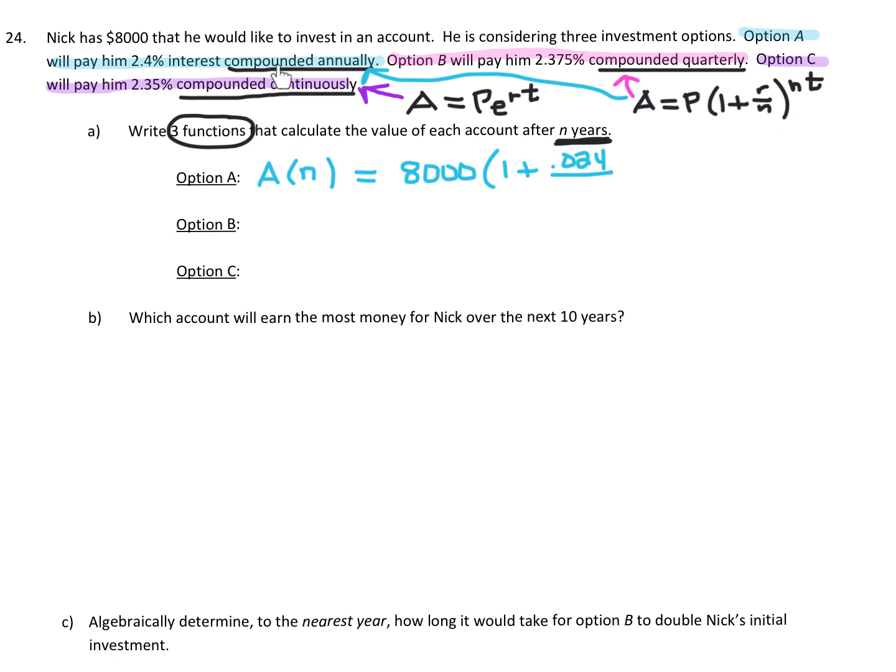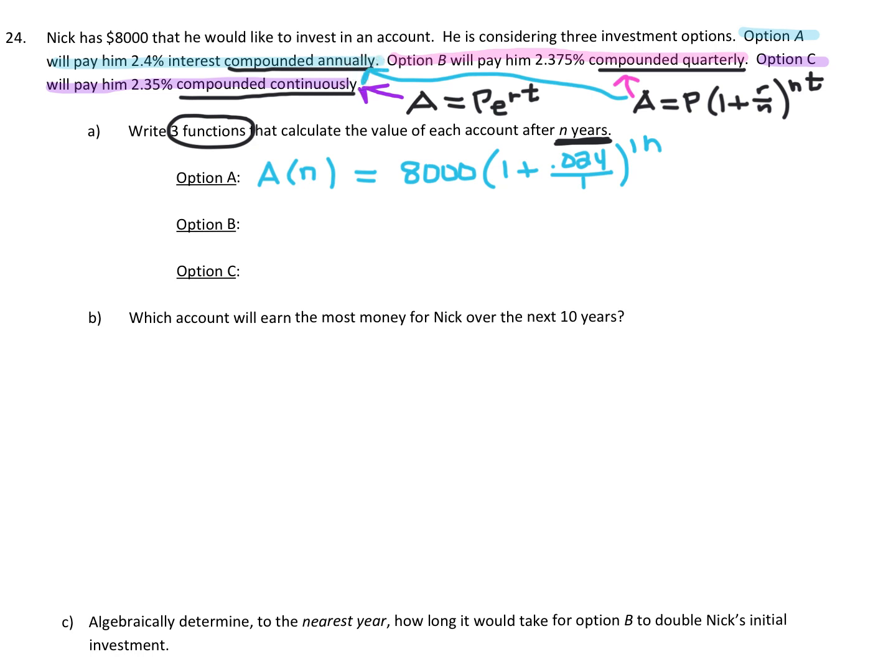If something is compounded annually, that means once a year, so I can replace this N with a 1 as well as this N with a 1. And then instead of using a T, they tell us to use N for years, so I'm going to put N right there.